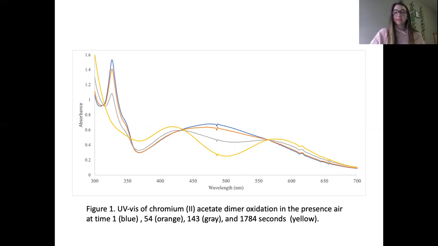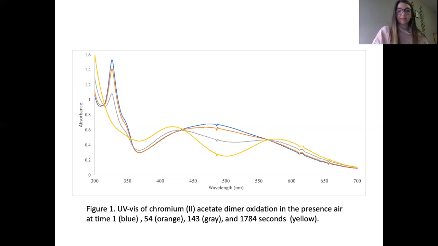So like I said, chromium 2 can reduce oxygen in the air and become chromium 3+. So we see this at different times. So the blue line here is 1 second, the orange is 54 seconds, the gray is 143, and the yellow is 1,784. So I want to draw your attention to a couple wavelengths here.